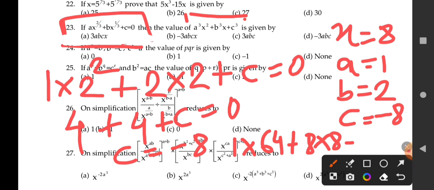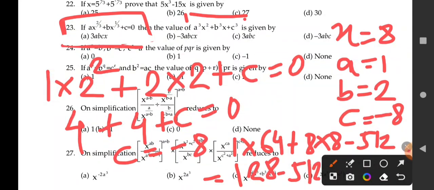What is 8 cube? 512. So we have 64 plus 64, 128, minus 512, minus 384.